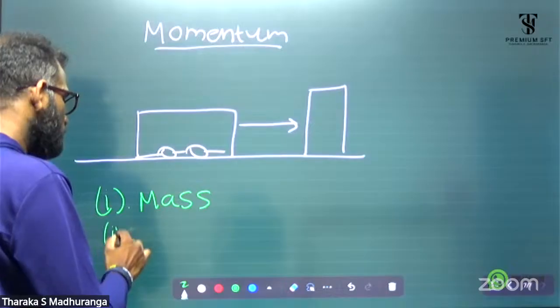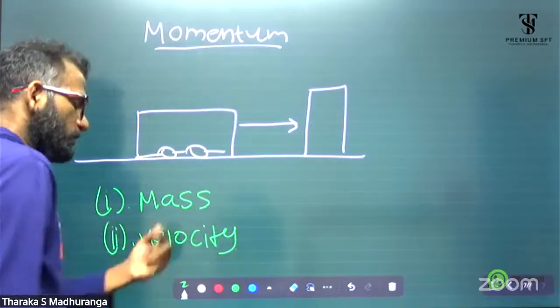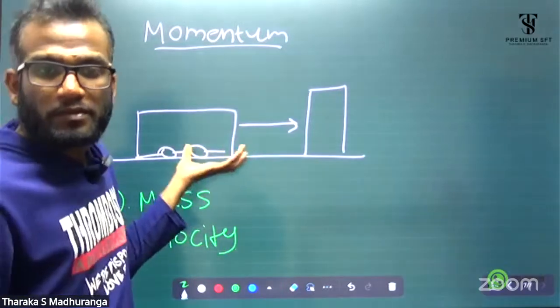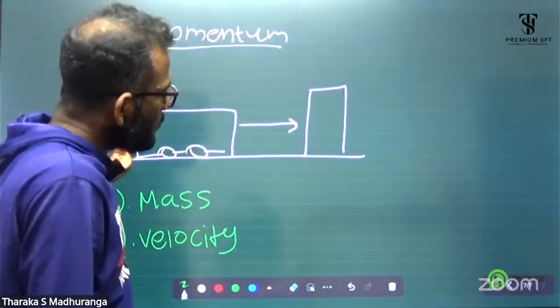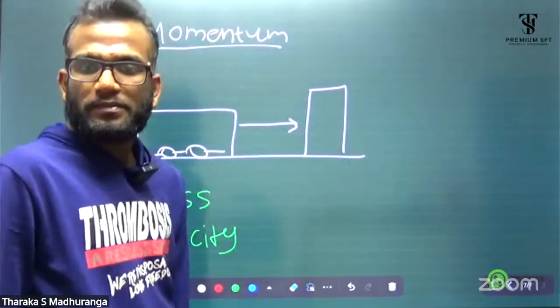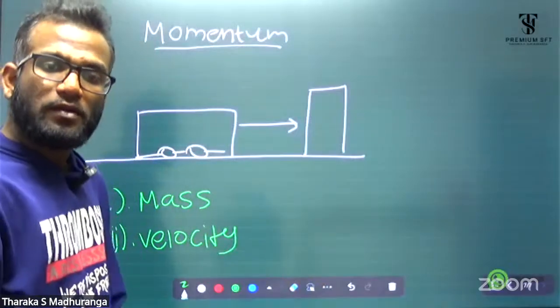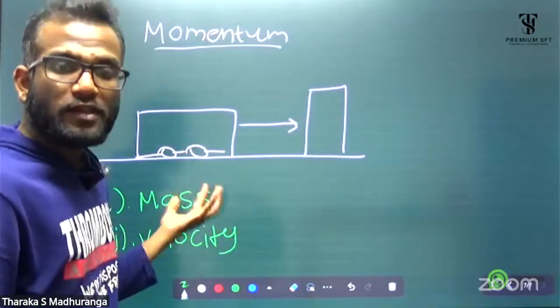velocity. Now you can understand this from a practical accident. Mass and velocity. Now think of a tipper or a large container in an accident with a barrier. Then what happened? There is huge damage, right? What is the reason? It's the huge mass.